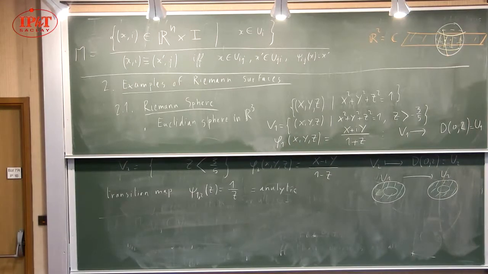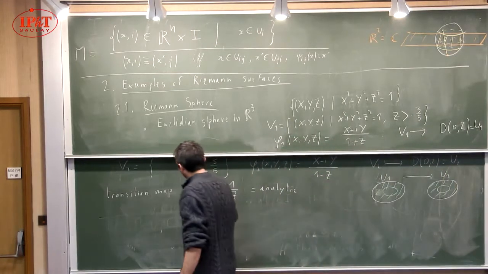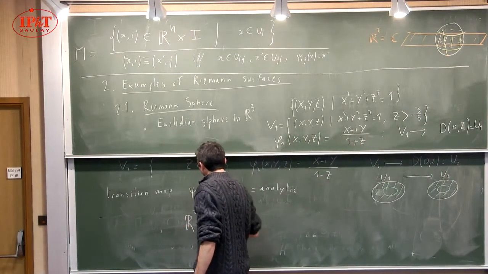S1 product R1. Well, okay. I want to identify the disk in U1, so it's a subspace of R2, but that I identified in fact with C. Basically, I identify R2 with C.